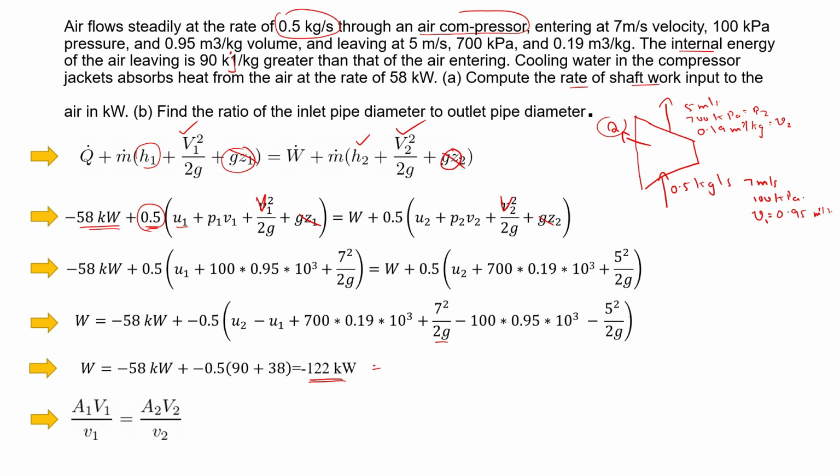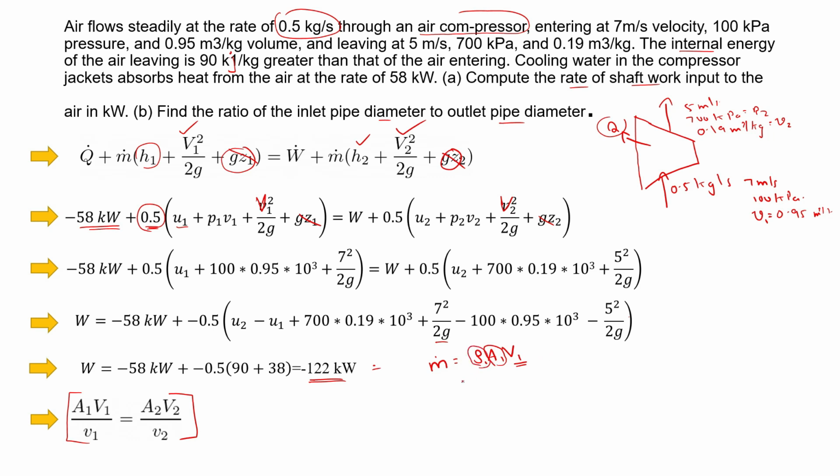And the second part of the question: find the ratio of the inlet pipe diameter to the outlet pipe diameter. For that, you can make use of the one-dimensional continuity equation. That means mass flow rate is equal to rho1 A1 V1, where A is the area of cross section, V1 is the velocity, and rho1 is the density at this location.